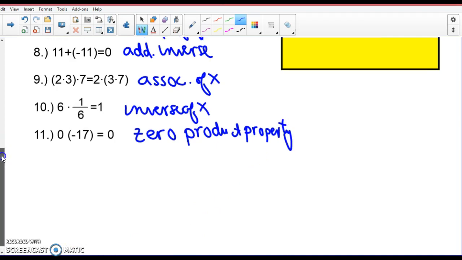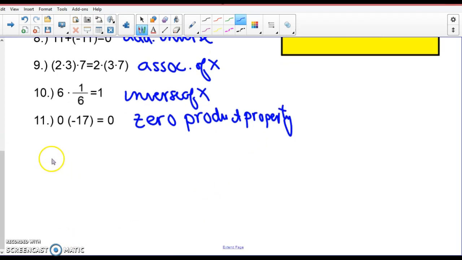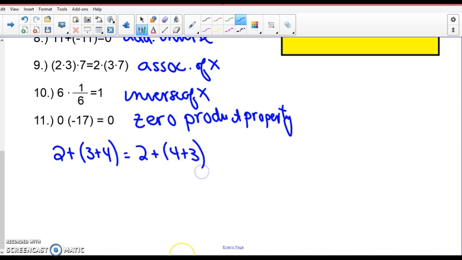Now, I want to add this problem. Write this one down. What property is that? Correct. Guys, so I tell kids, the first thing you should always check is order.